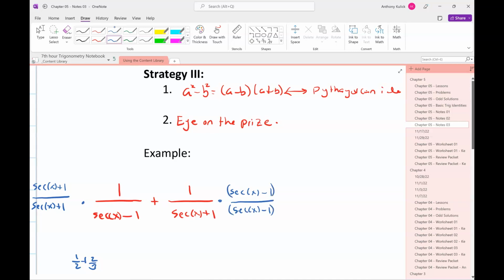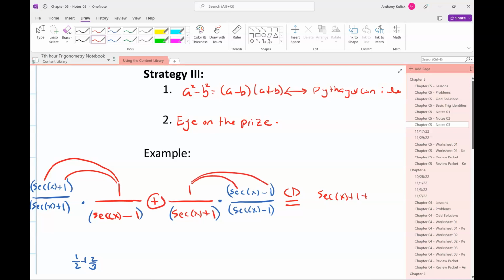Let's go ahead and add some parentheses in here so we don't forget that what we're really going to be doing here is like FOILing and distributing, right? So we made our common denominator. So distribute in, well, that's just going to give me secant x plus 1. And then I have my plus sign.